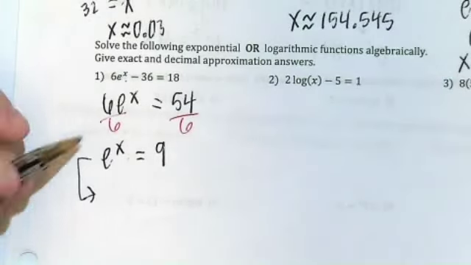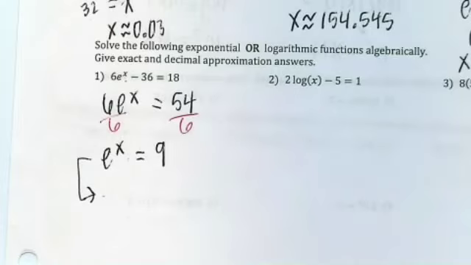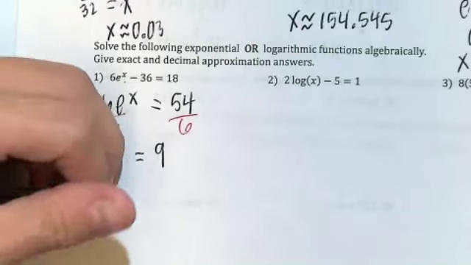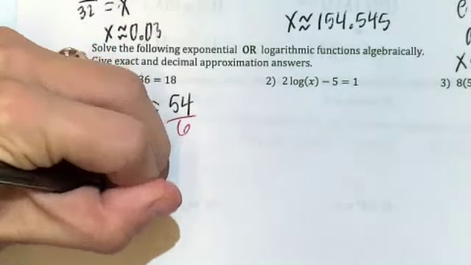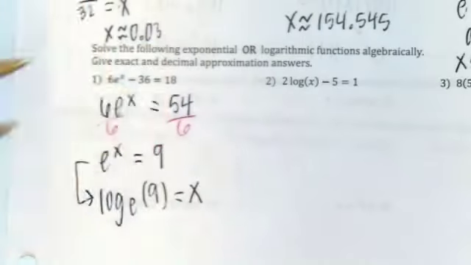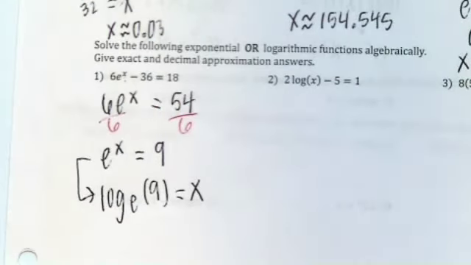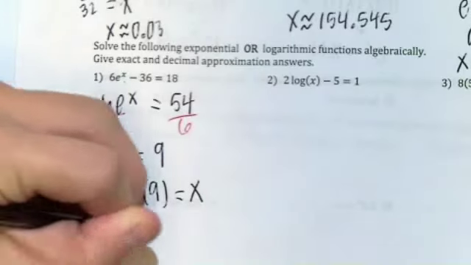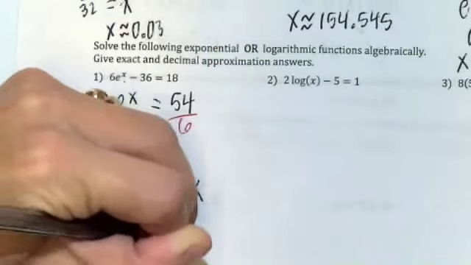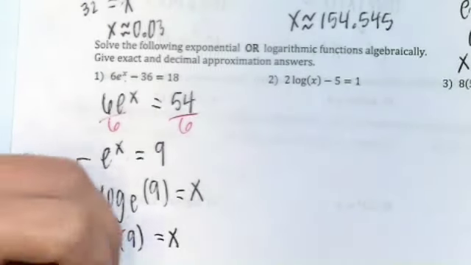So I'm going to change from exponential to logarithmic form, and this as logarithmic form would be log base e of 9 equals x. Again, log base e is the same thing as natural log of 9. That is the most exact form.